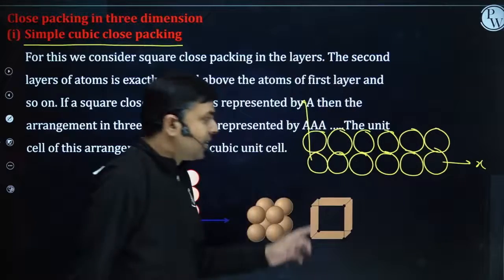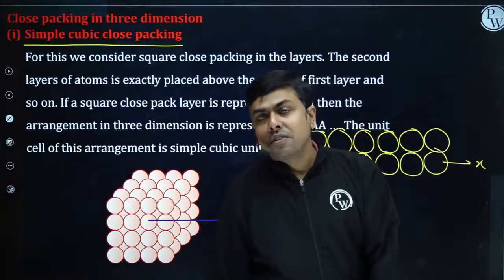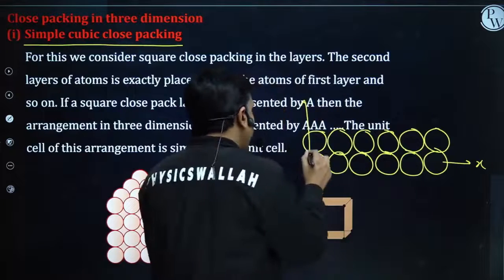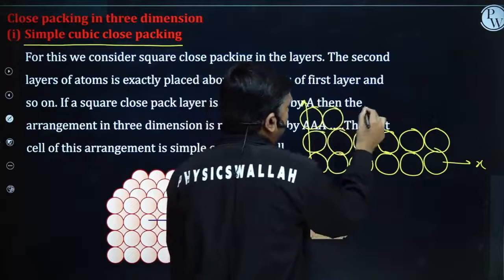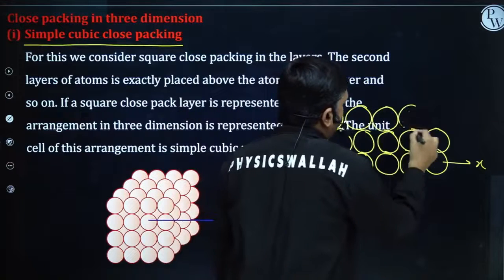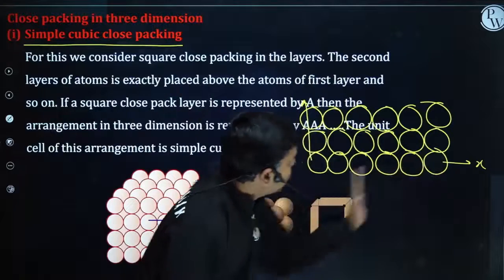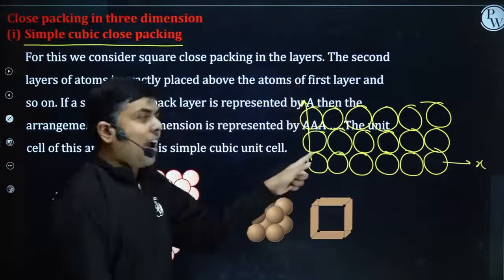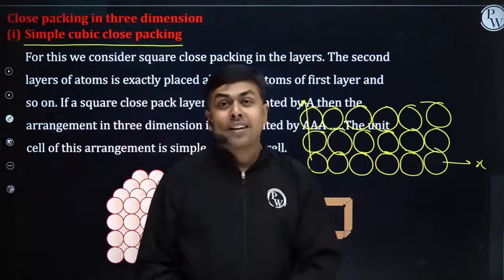Am I clear? The second layer spheres are exactly placed over the first layer, but here now I am going to place these spheres along y-axis, right? So now we have done the packing in 2 dimensions, one along x-axis, the other along y-axis. And if you see, it's nothing but AA packing, square close packing.